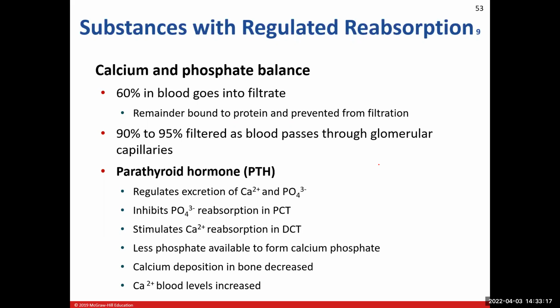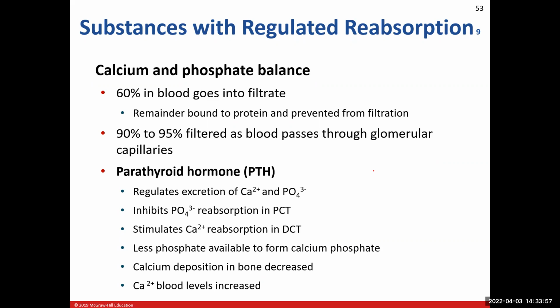And a significant amount, because calcium is a small molecule, will pass from the glomerular capillaries into our tubular system. Way back in chapter 7, we talked about what hormones are released when you have low blood calcium levels. Calcium is important, folks. We need calcium as one of the ingredients for bone.